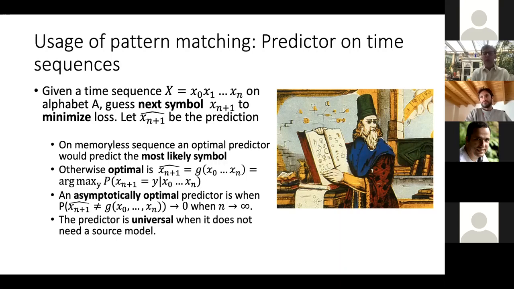For example, you need to have a model of the weather to predict the weather. A predictor is universal when you don't need a source model, that basically it will adapt itself to find the optimal answer. The nice picture on the right is Nostradamus, who is a father of predictors in information theory.